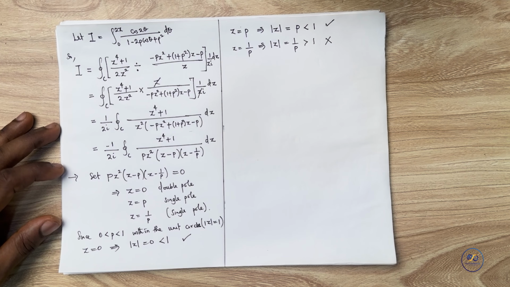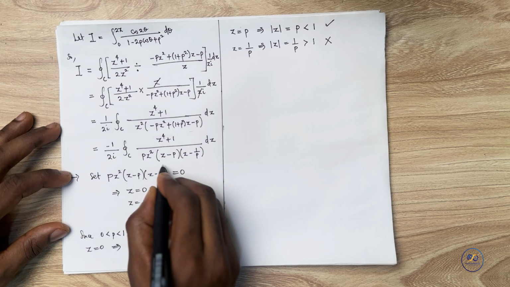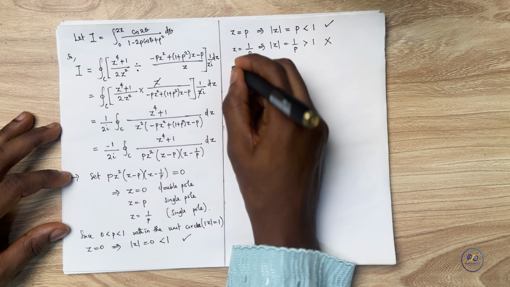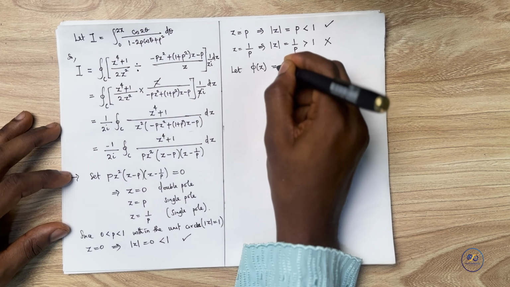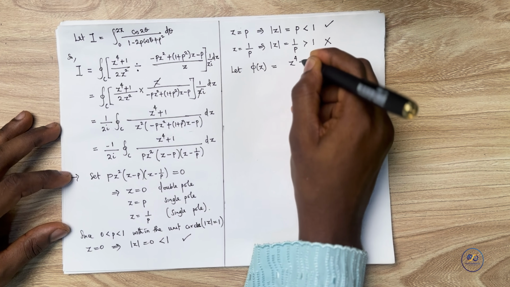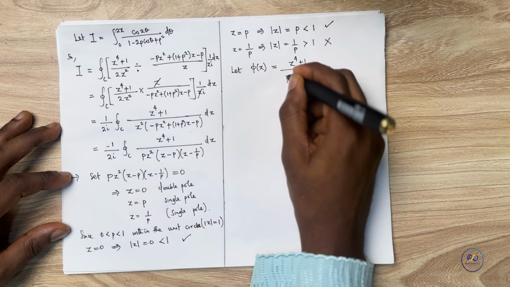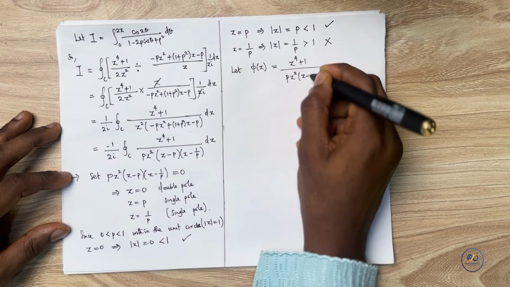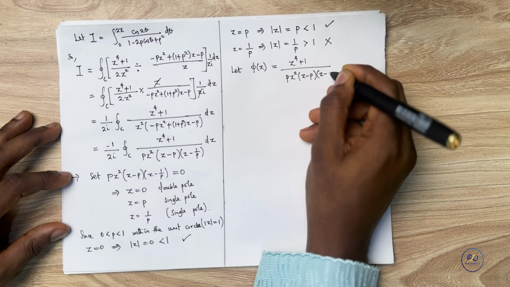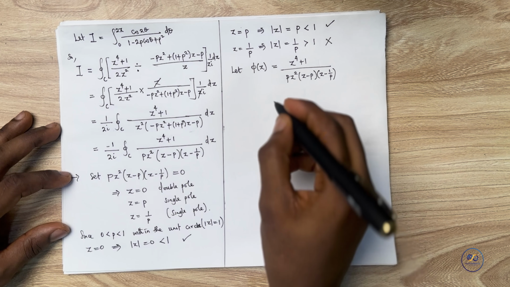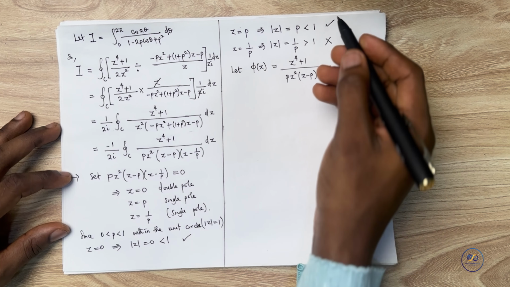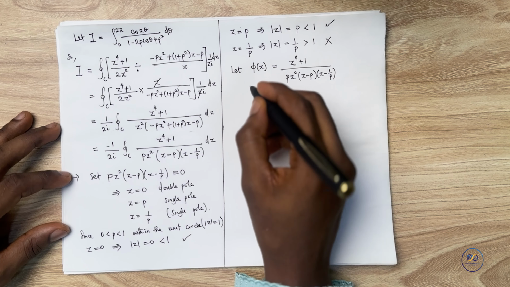The next thing is for us to now find the residue. Now remember, we are looking for the residue of this function, so let's call it a variable so that we don't have to stress. So let phi of z be equal to z raised to the power 4 plus 1 divided by pz squared, z minus p, z minus 1 over p. Here we go. Now, based off this, we know we have just these first 2 points to consider.